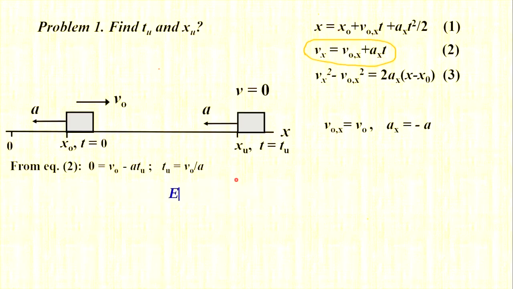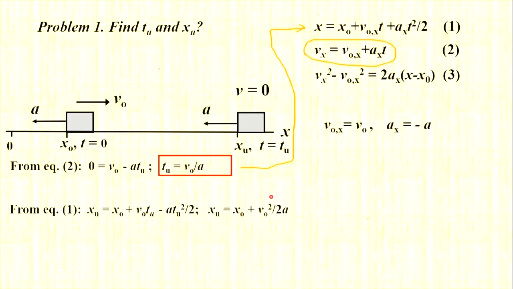To find the position of the U-turn point, we plug this time into the first equation, and by direct calculations we can find this answer for position xu.